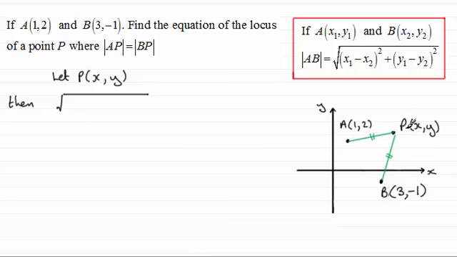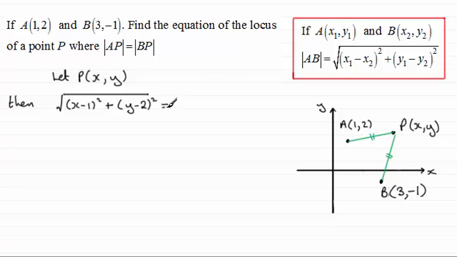So we've got x minus 1 all squared, plus y minus 2 all squared. It doesn't matter, by the way, which way round you write this. You could write 1 minus x all squared and 2 minus y all squared. You'll end up with exactly the same answer.